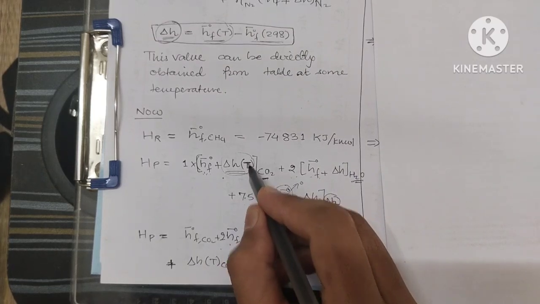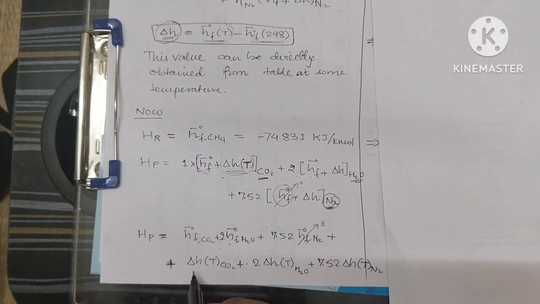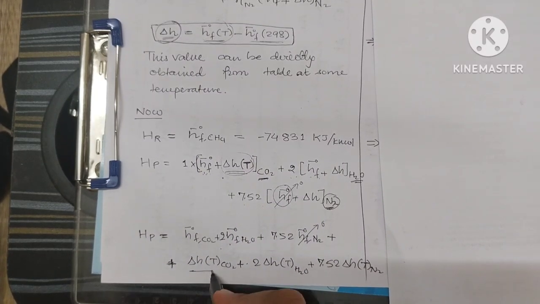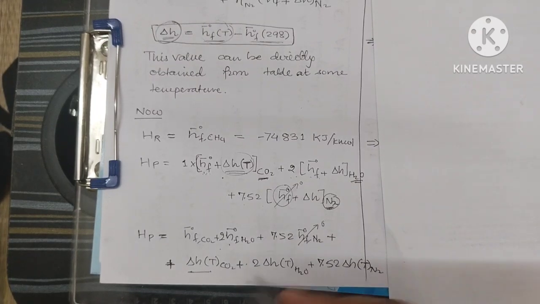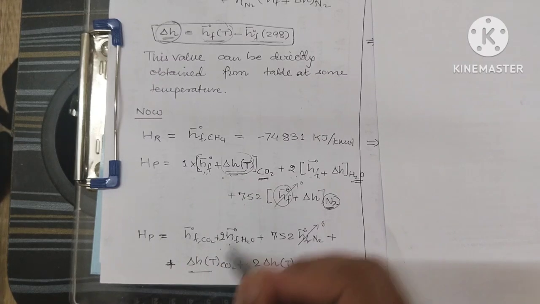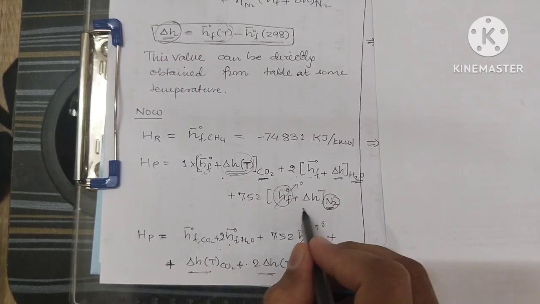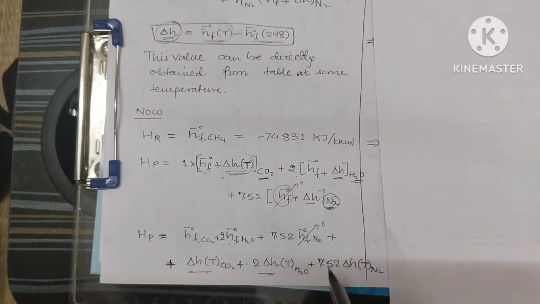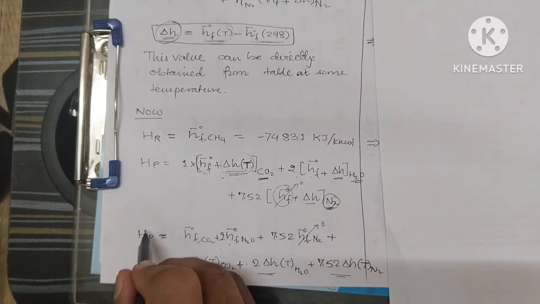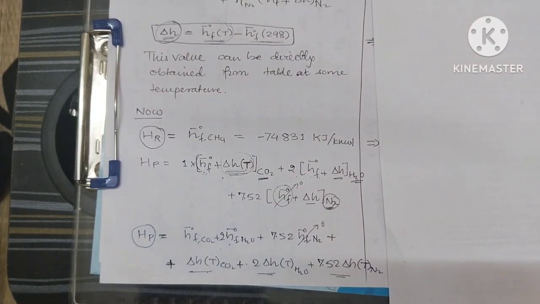So this temperature we need to find. Our basic aim is to find this temperature. We will assume this value is at a particular T. We will see later how we can find this T. So this term is written like this, and this term is written like this. This is the whole enthalpy of products, and this is the whole enthalpy of reactants.